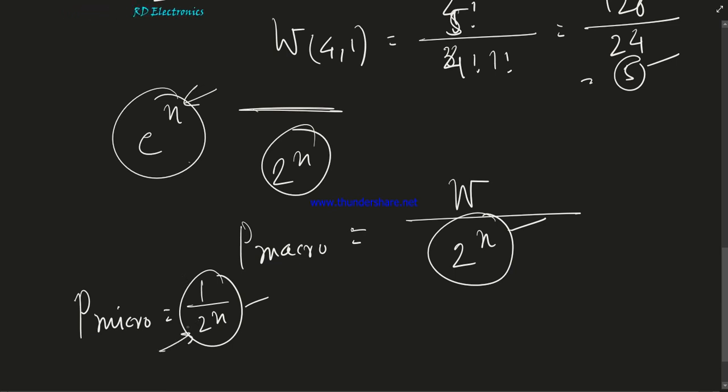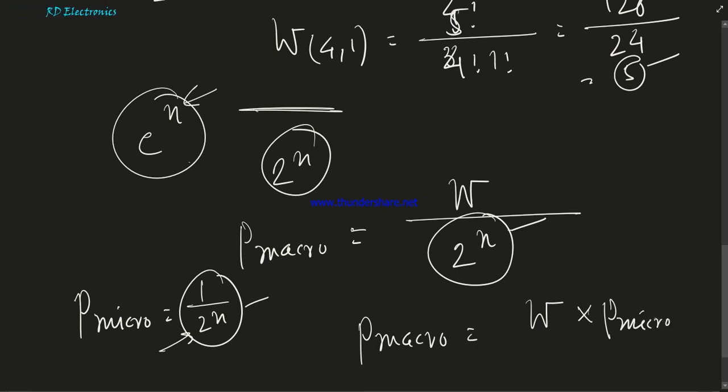We consider here only 2 compartments. So now P macro, the probability of macrostates, is basically thermodynamic probability into P micro, because this 1 by 2 to the power n is the probability of microstates. So this is the relationship.